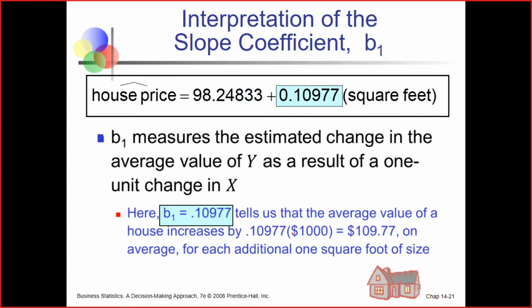For example, this is the slope, and it represents how much increase there is in the average value of a house. It increases by 0.10977 because square feet is given in thousands. Otherwise, the slope tells how much increase or decrease there is in house price.